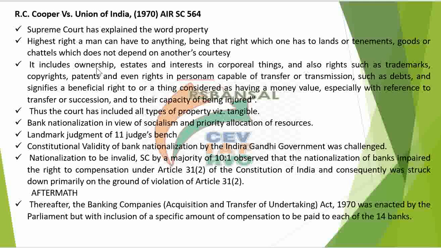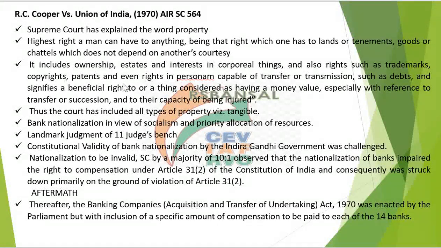Then it includes ownership, estates, and interest in corporeal things, and also rights such as trademarks, copyrights, patents, and even rights in personam capable of transfer or transmission, such as debts, and signifies a beneficial right to a thing considered as having money value, especially with reference to transfer or succession and to their capacity of being injured. Thus, the court has included all types of property which is tangible.